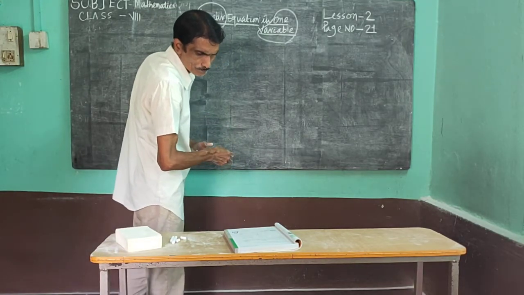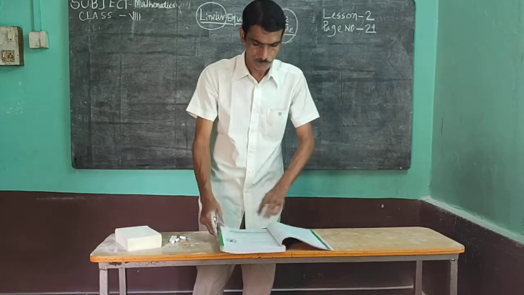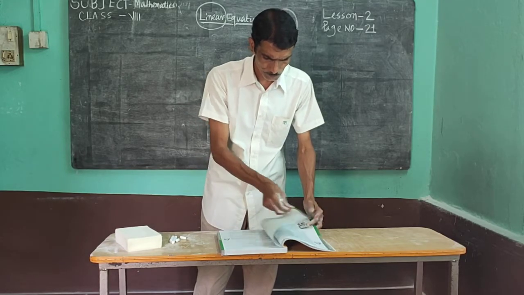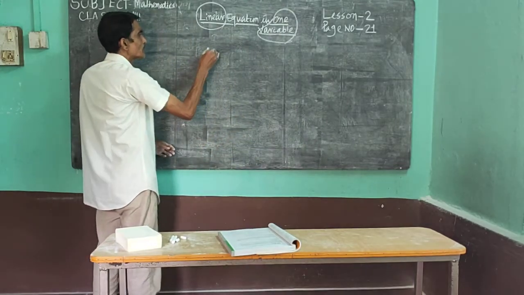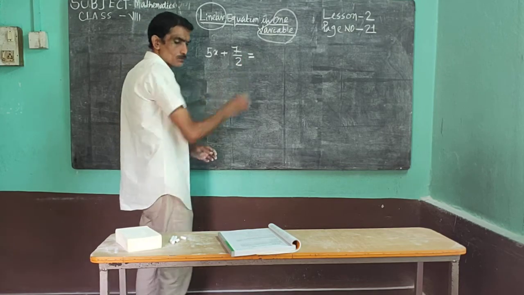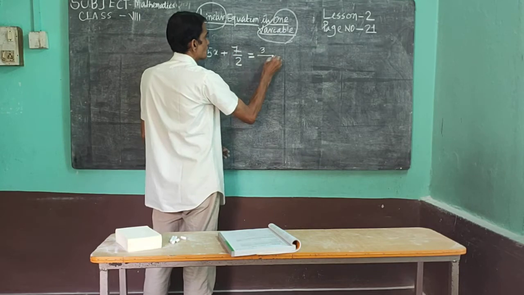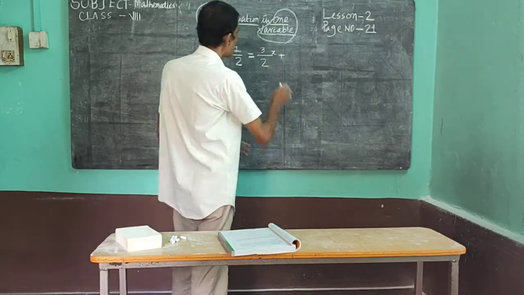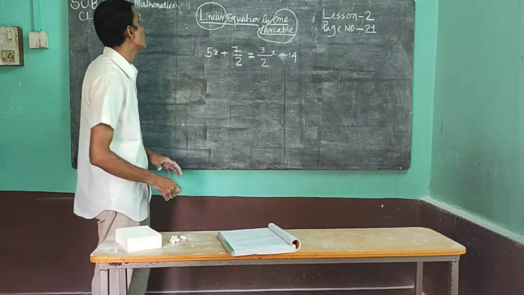For example, a little more difficult one: 5x plus 7 upon 2 is equal to 3 upon 2x minus 40. So this is a linear equation in one variable.